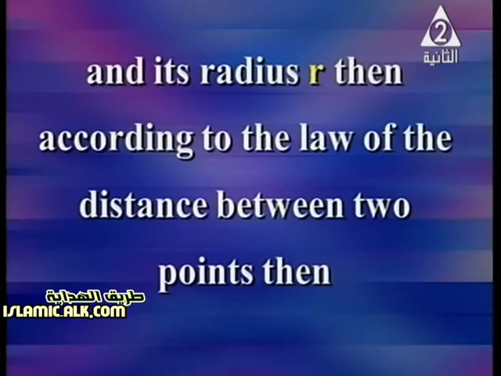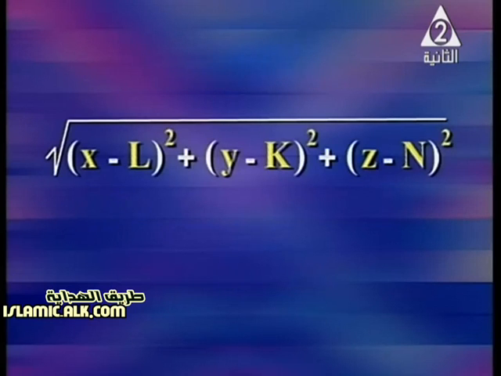Then according to the law of the distance between 2 points, the square root of (x - l)² + (y - k)² + (z - n)² equals r. This is the equation of the sphere. Remember, the point (x, y, z) belongs to the sphere.